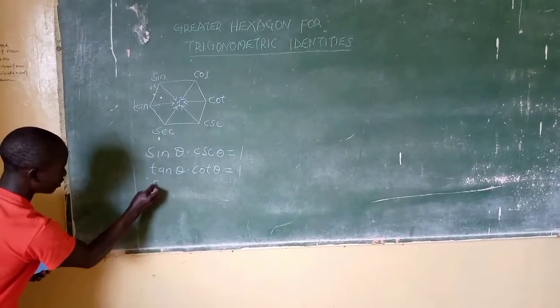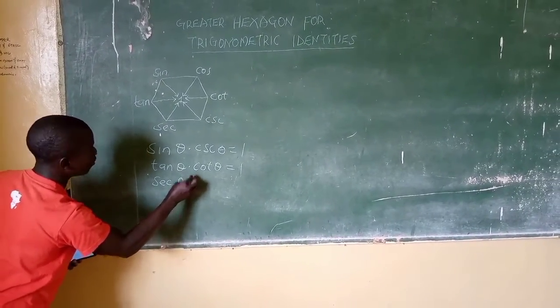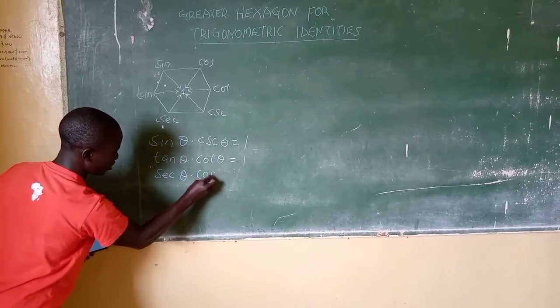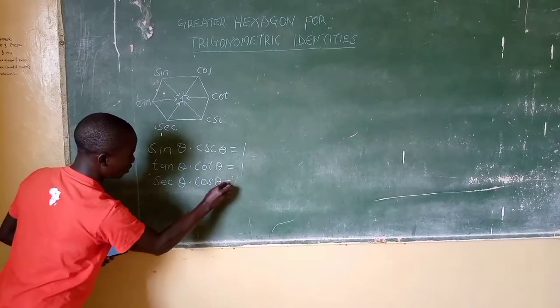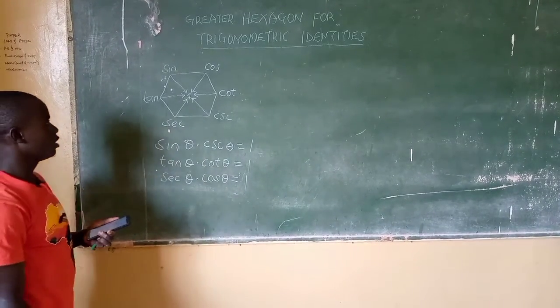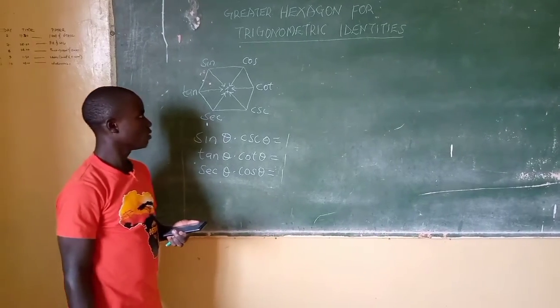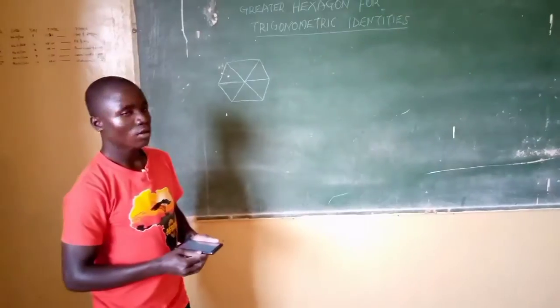Same here, by the opposite identity, the result is 1. So if you take an identity, then you multiply by the opposite identity, it gives you a 1.